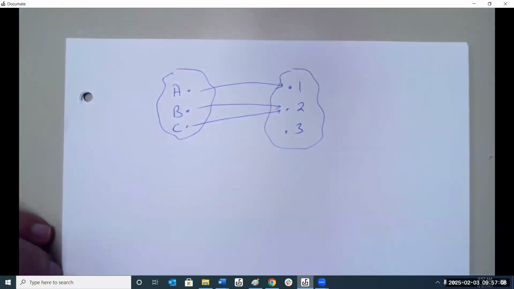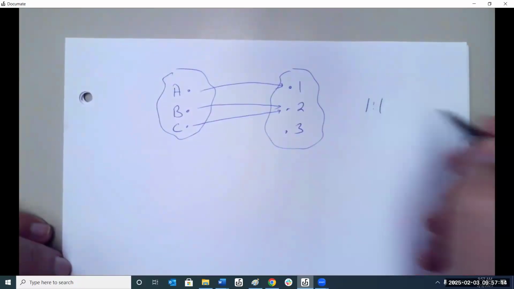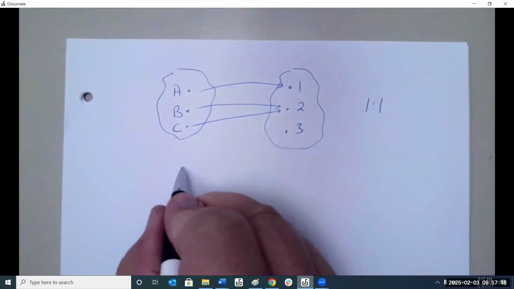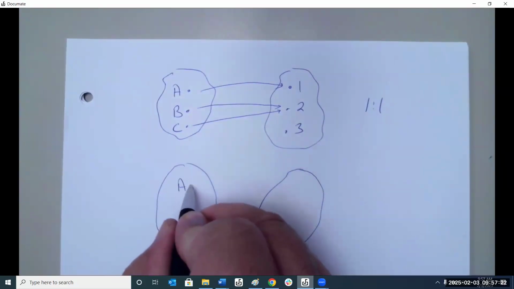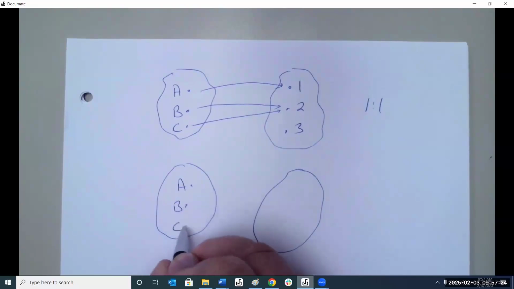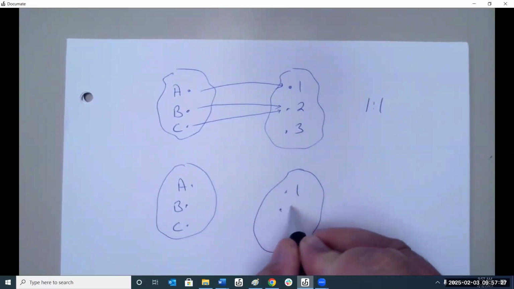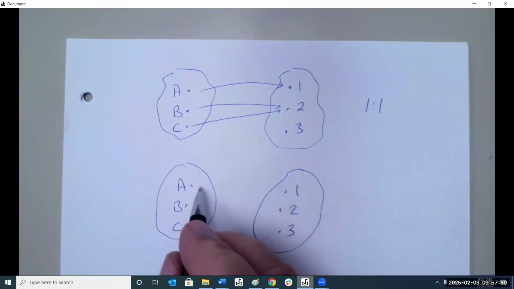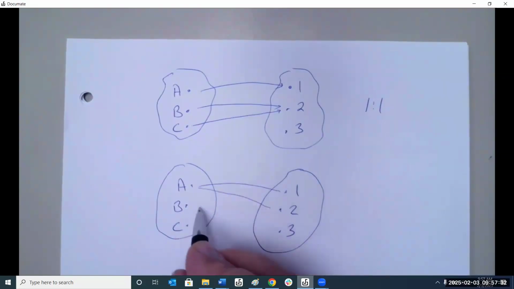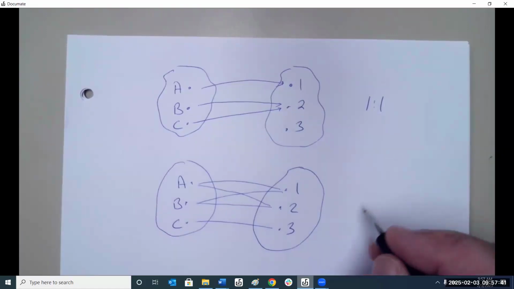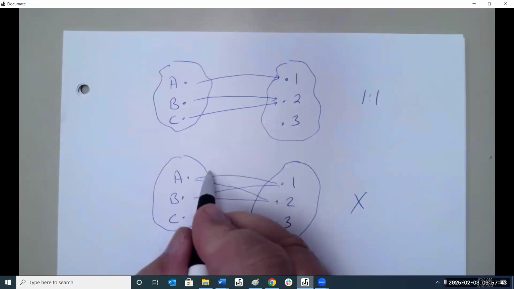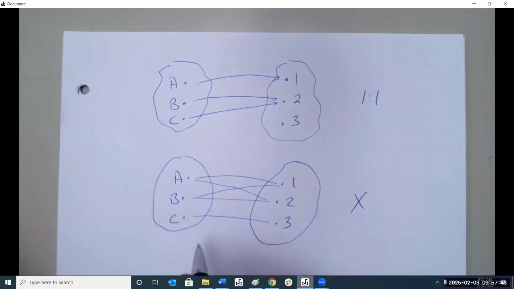Is that a one-to-one correspondence? Yeah. Is that a one-to-one correspondence? What's the difference between that one and all the other ones?